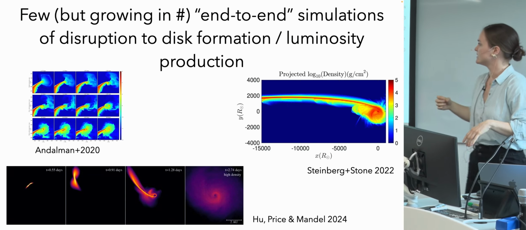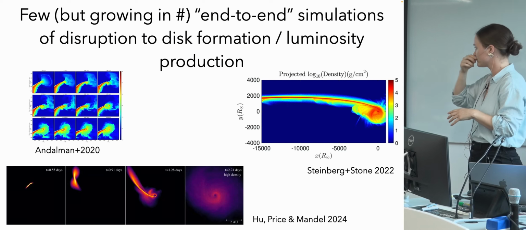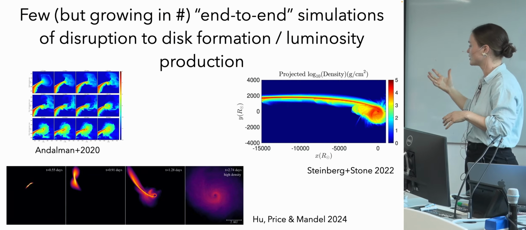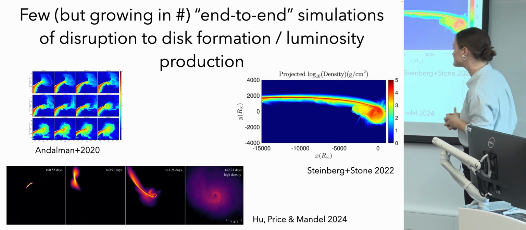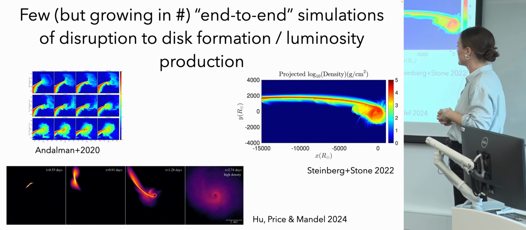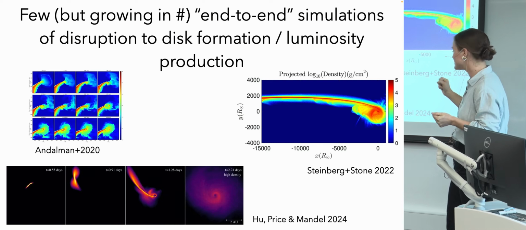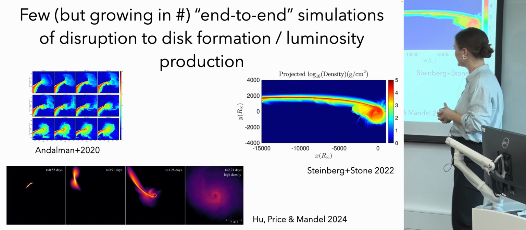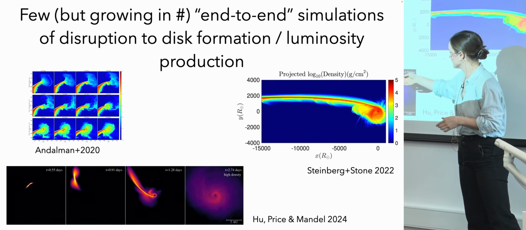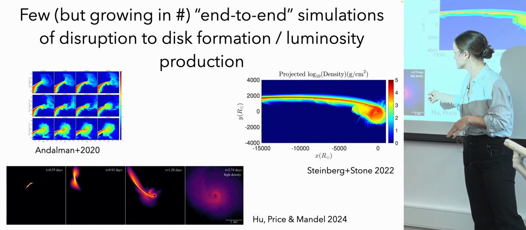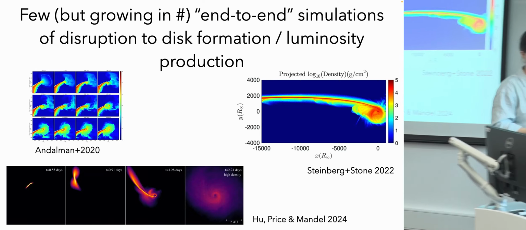And the reason that this hadn't been done for a while is because it's incredibly difficult. You're simulating orders of magnitude in size scales and time scales, but there's starting to be some groups doing it, including FITS here, who just showed us their very impressive simulation results here.